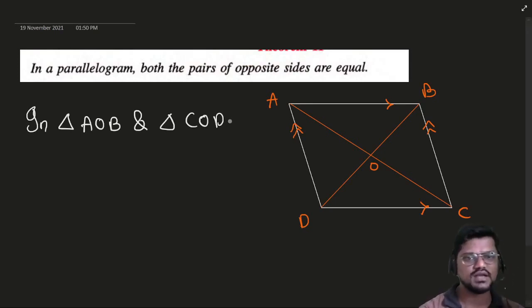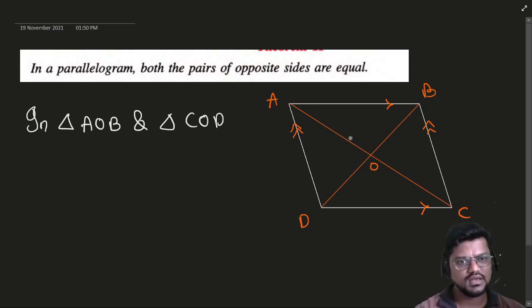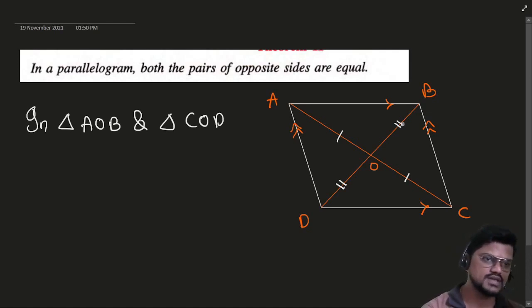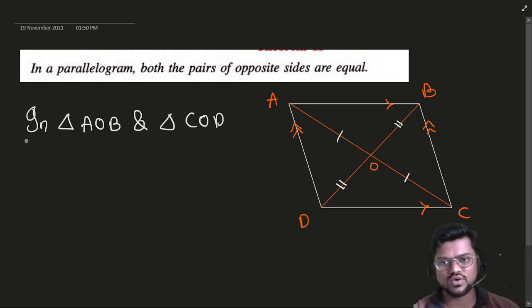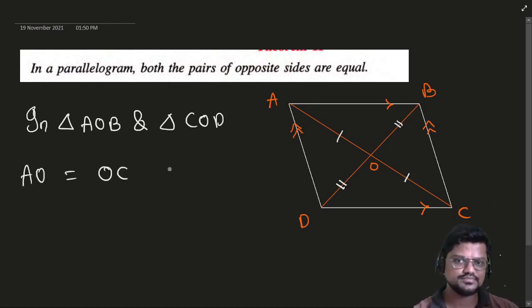What do we know? That in a parallelogram, the diagonals are bisecting each other. That is, this side is equal to this side and this side is equal to this side. So side AO will be equal to OC since diagonals bisect each other.